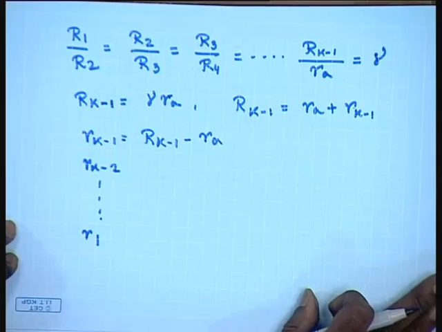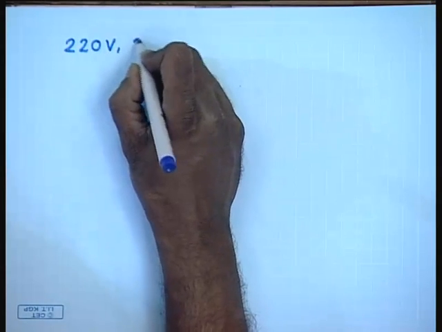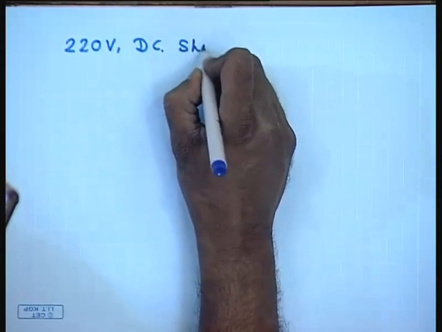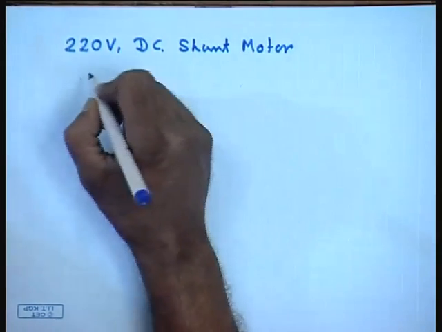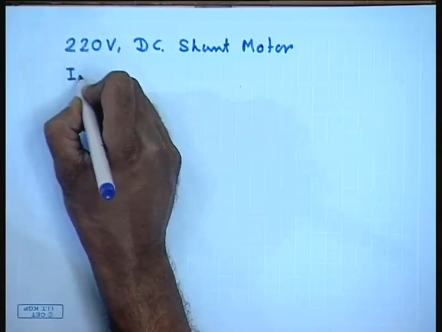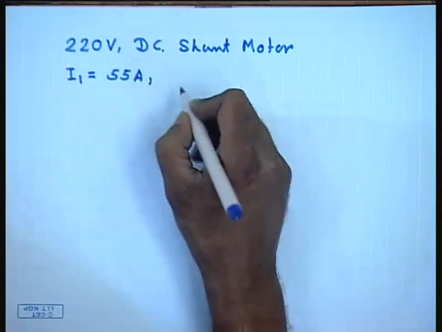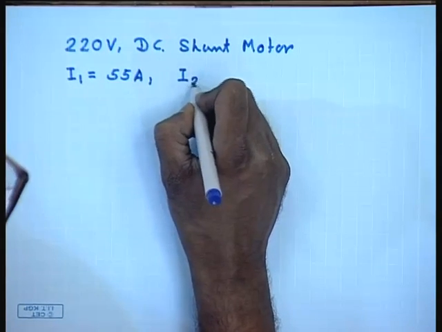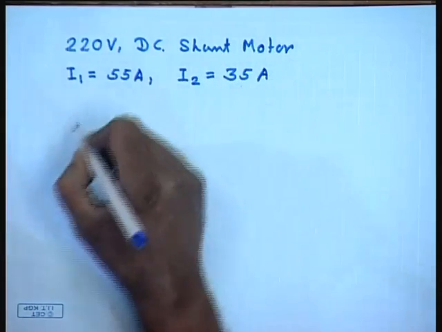Let us try to explain this with the help of one problem. Let us say we need to design a starter for a 220 volt DC shunt machine. The maximum current I1 should be limited to 55 amperes and the minimum current during start I2 should be limited to 35 amperes.